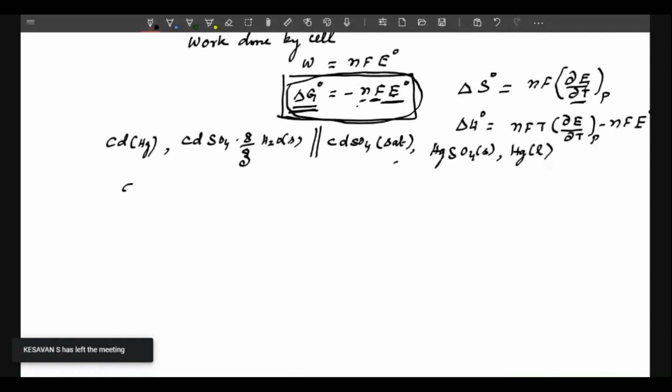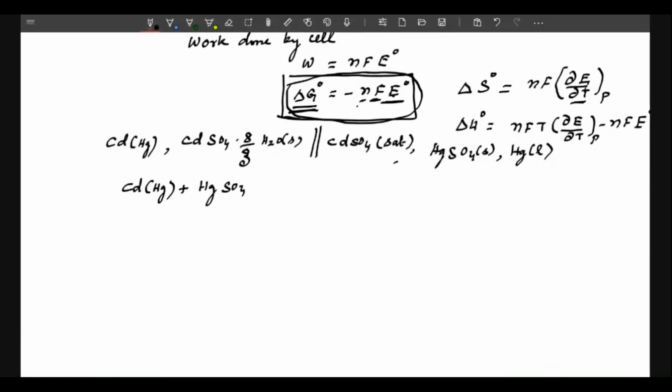With the cell reaction: cadmium amalgam plus mercury sulfate solid as the other reactant plus 8/3 H2O liquid, giving cadmium sulfate 8/3 H2O solid as the product plus 2 mercury liquid.